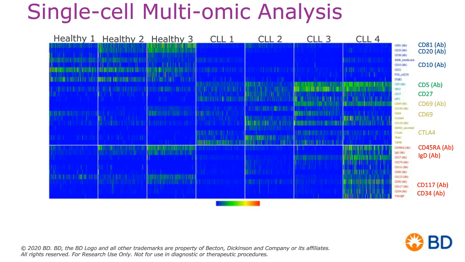And of course, it's often a rabbit hole with this data. I still want to better understand what's actually going on in the CLL4 sample, and so we can also dig into that population a little more in depth.